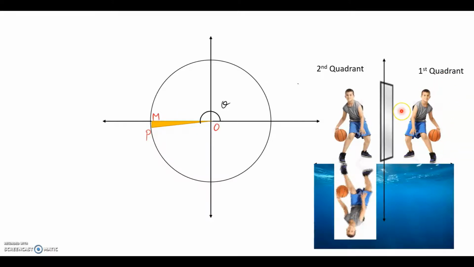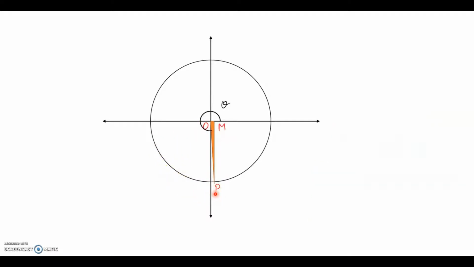It is like when you see a young man playing basketball in real life being reflected onto a mirror, and you see his reflection through the mirror on the water. This is nothing but a double reflection of an image from the first quadrant. Let's move the point P further on, and as it goes into the fourth quadrant, let's see what happens.